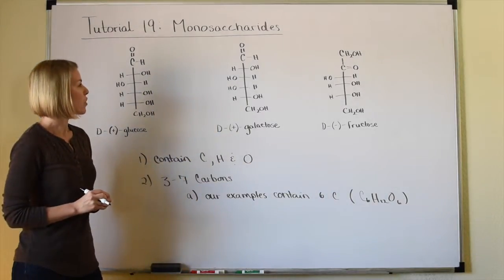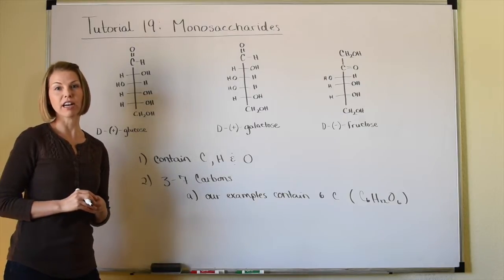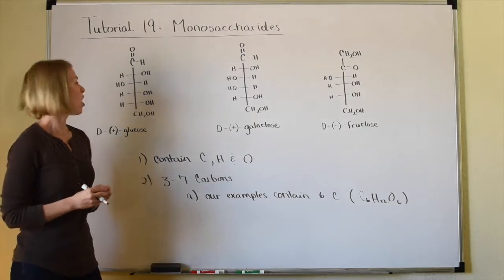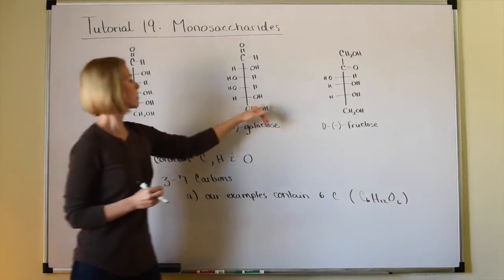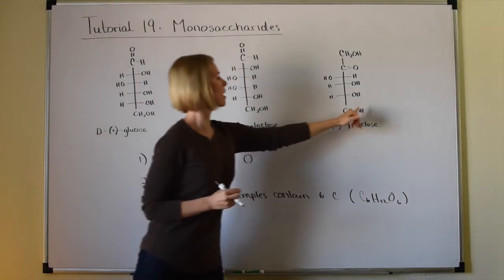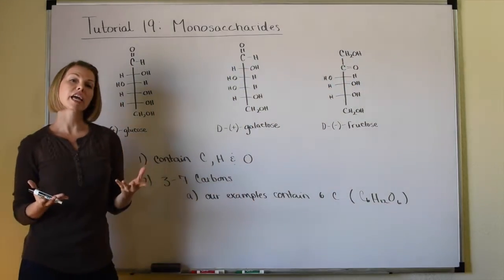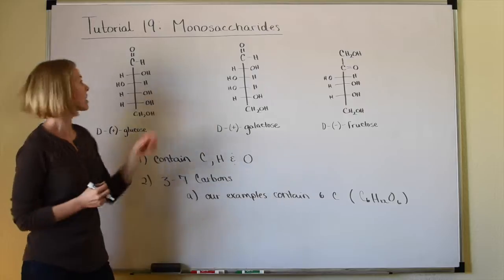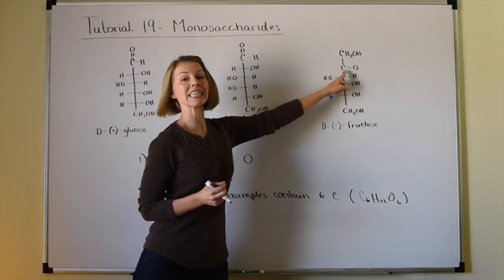All right, notice the functional groups contained in our monosaccharides. They're all the same. They all have a number of hydroxyl groups, and over here as well. And they also contain a carbonyl that is either part of an aldehyde or a ketone.